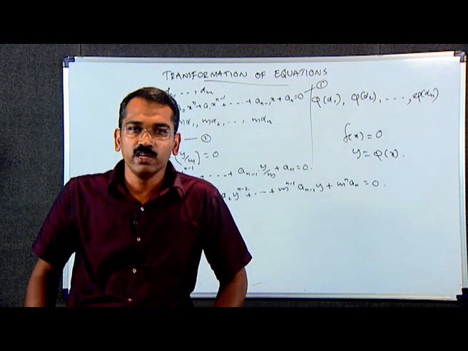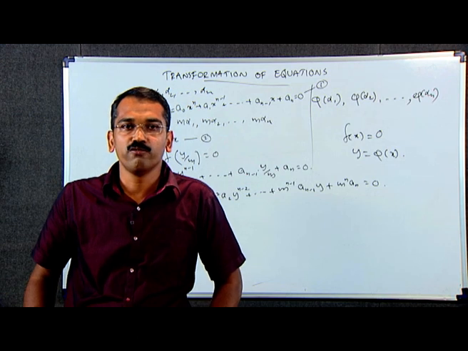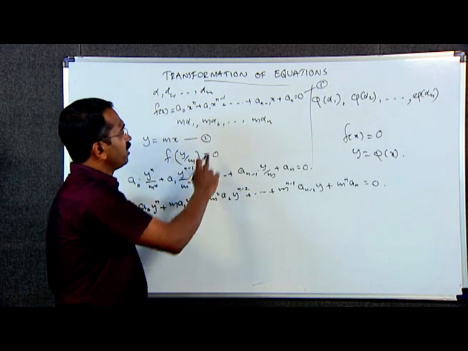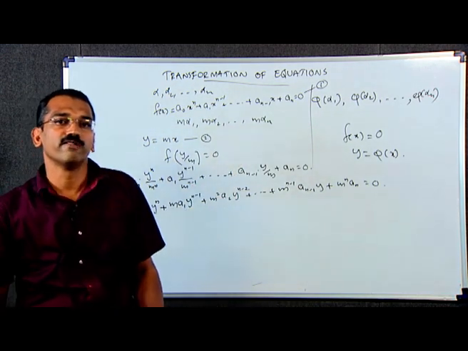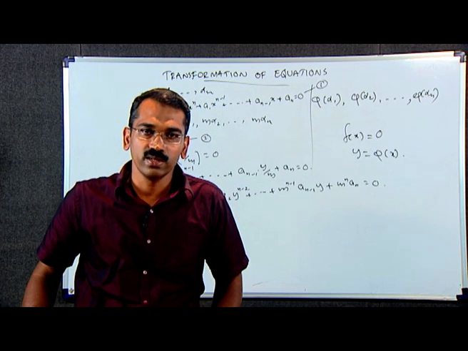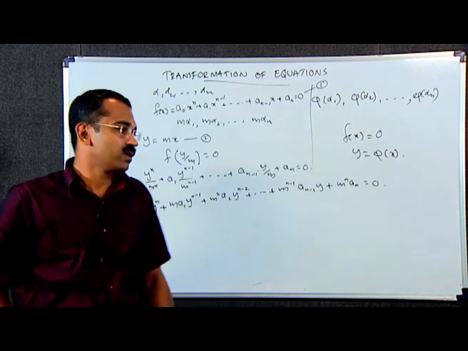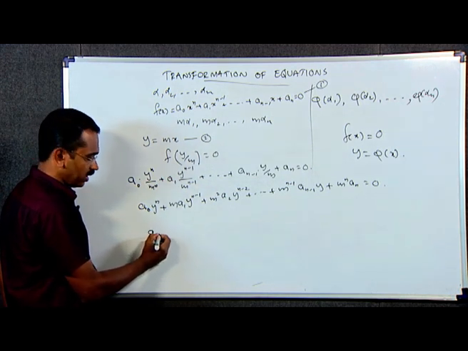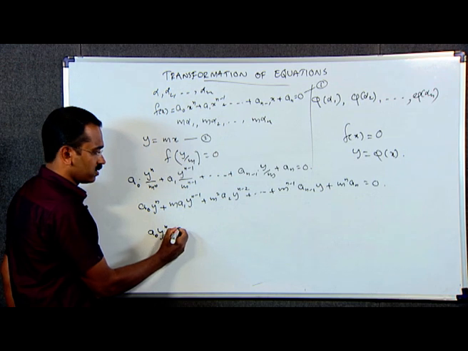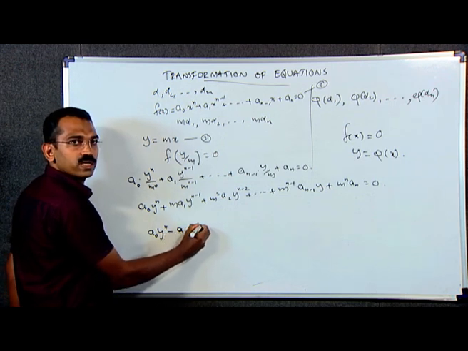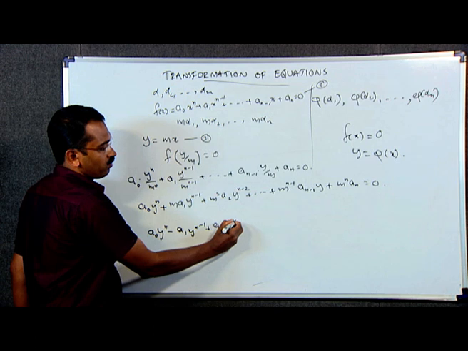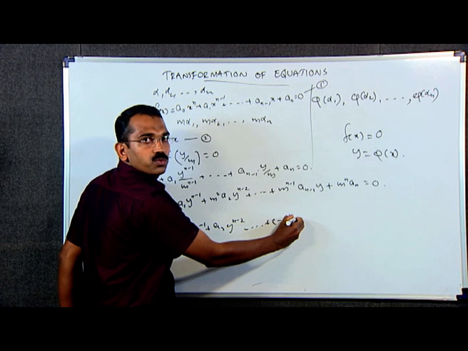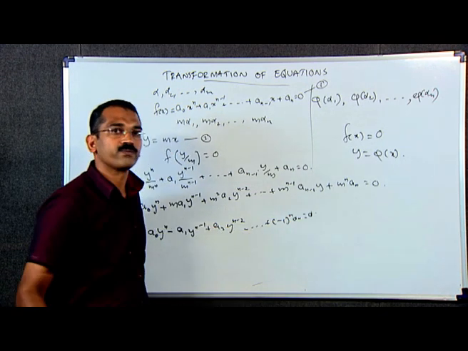In particular, if we put m is equal to minus 1, we find the equation whose roots are minus alpha 1, minus alpha 2, etc., minus alpha n. The required equation in this case will be a naught y raised to n minus a1 y raised to n minus 1 plus a2 y raised to n minus 2 minus etc. plus minus 1 raised to n into a n is equal to 0.